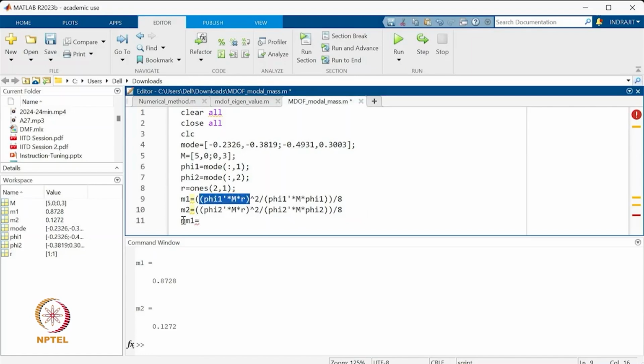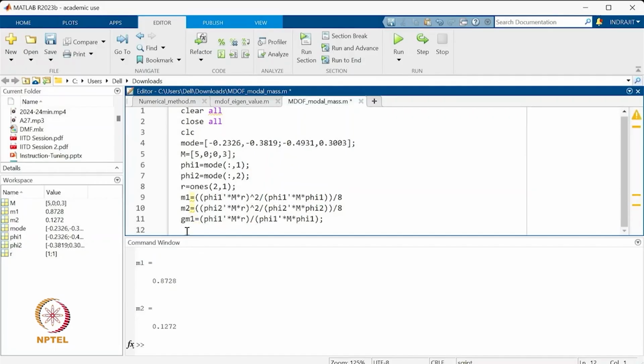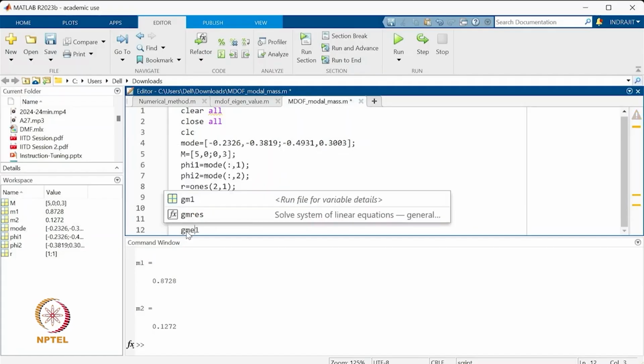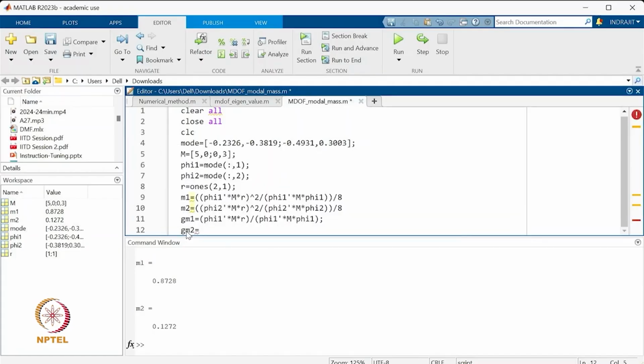So suppose I say gamma M1, that is equal to this one divided by the modal mass, and gamma M2 equal to, let's write it.